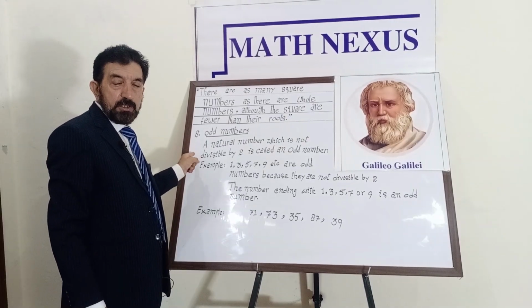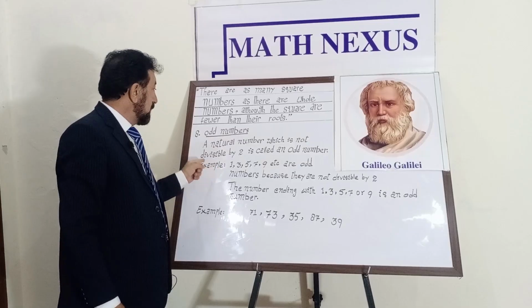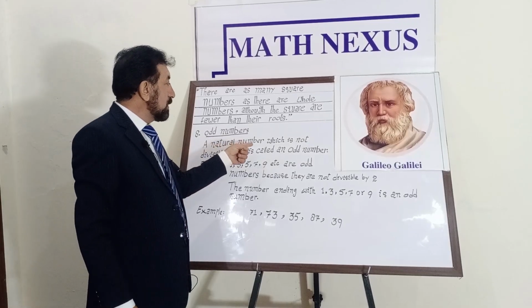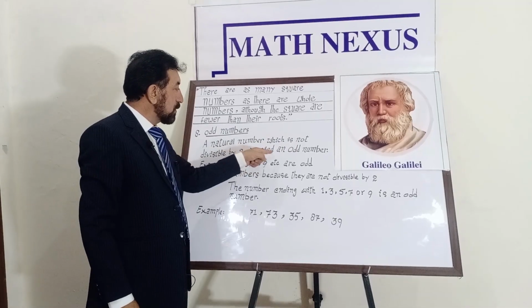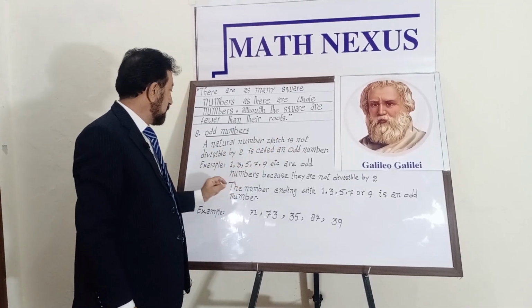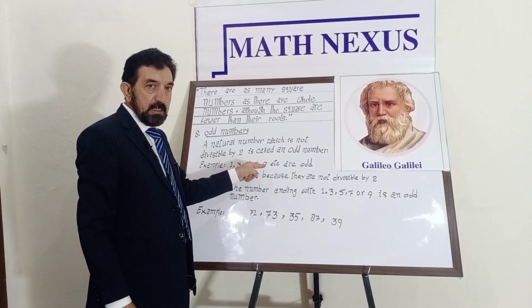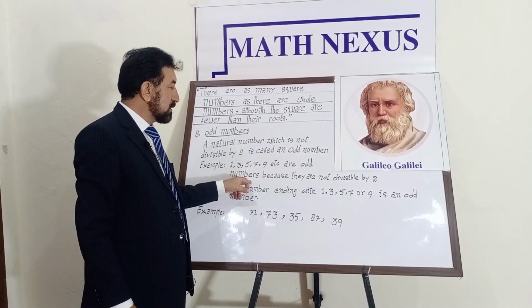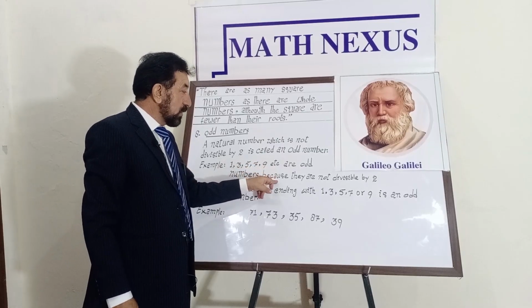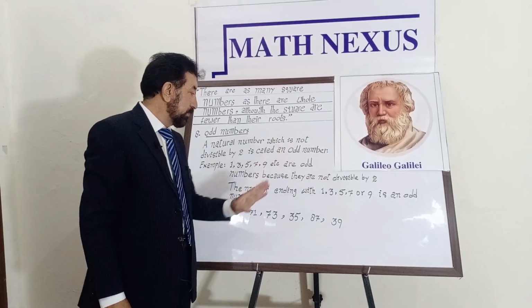Rule number 8 or property number 8, odd numbers. A natural number which is not divisible by 2 is called an odd number. Example, 1, 3, 5, 7, 9, etc. are called odd numbers because they are not divisible by 2.